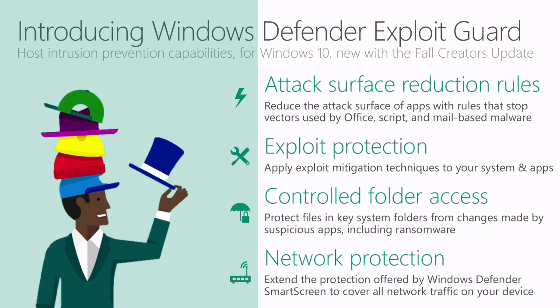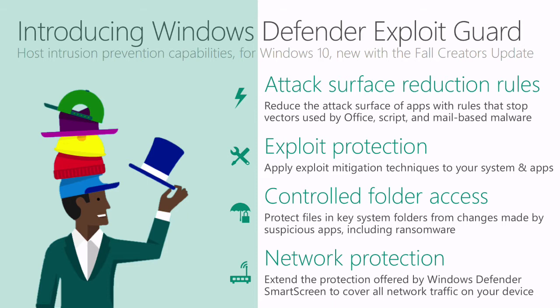Finally, just for good measure, we added a couple extra features into Exploit Guard, just so I can have all the hats. We have a third feature called controlled folder access. This is really about protecting your files which are in key system folders, sort of preventing them from being modified by suspicious looking or untrusted apps, including ransomware.